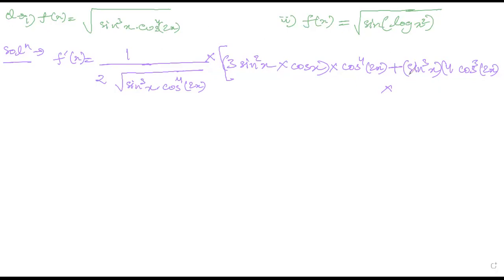The derivative of cos is minus sine, and inside it will remain 2x. Now we reach 2x, and the differentiation of 2x is 2. So that will be your complete answer for f dash x. We can obviously simplify this further.